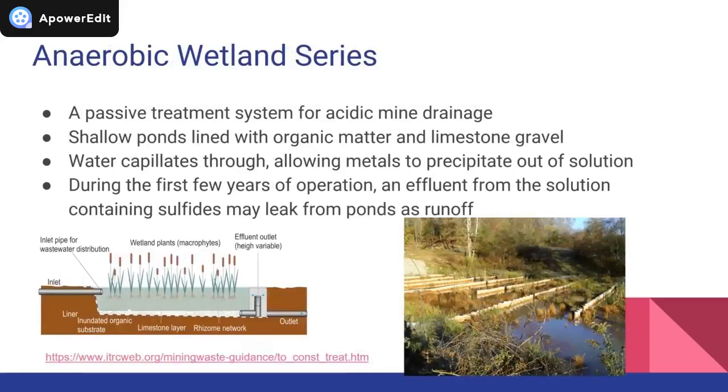Anaerobic wetlands are a passive treatment system. The idea is to go into an abandoned mine area and reform that area to hold water in the soil. These shallow ponds or pools would promote biological organisms in those systems, which would convert the toxins into insoluble forms, which would precipitate out into the soil.